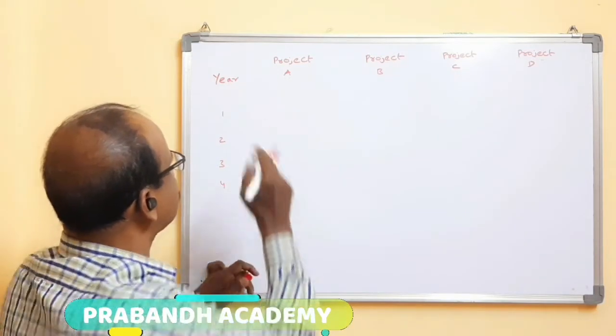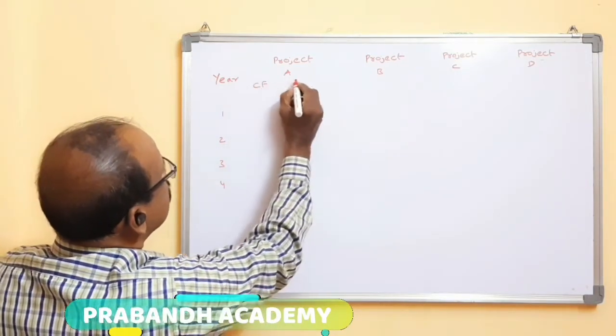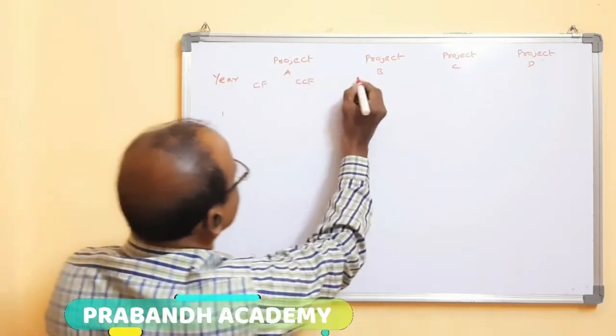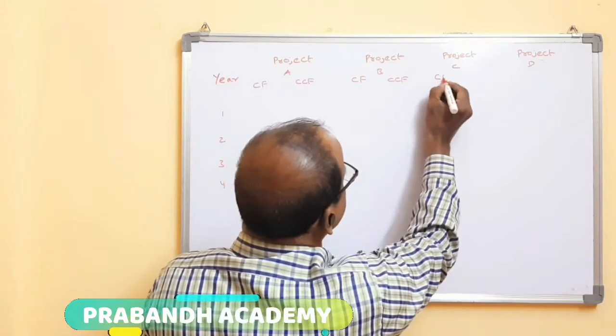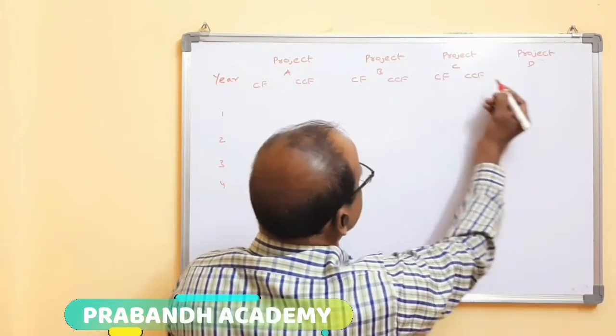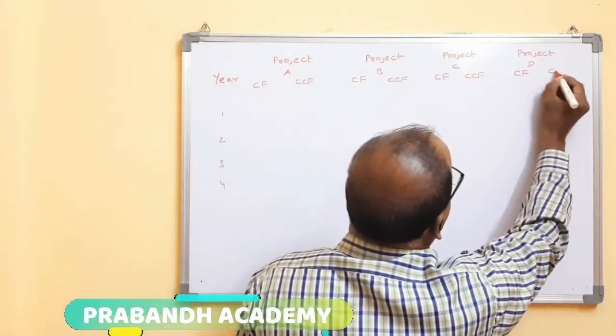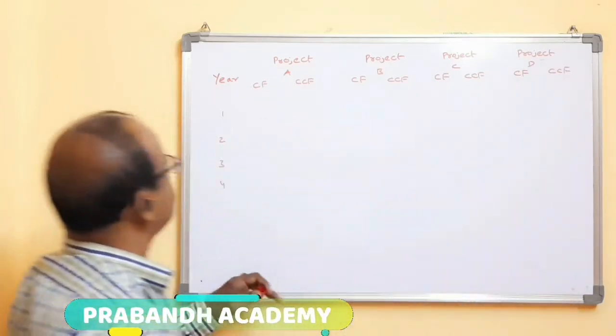So for project A, cash flow and cumulative cash flows. Project B, cash flow and cumulative cash flows. Project C, cash flow and cumulative cash flows. And project D, cash flow and cumulative cash flows.